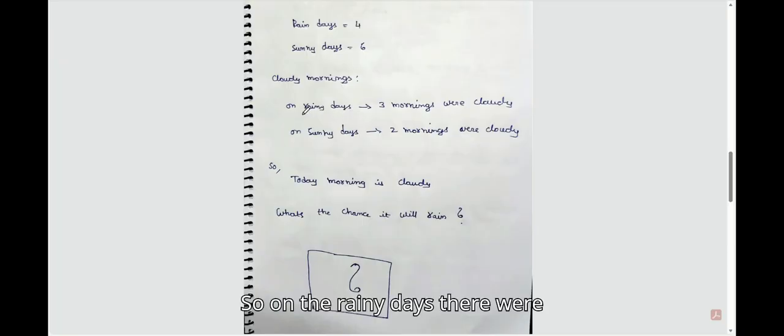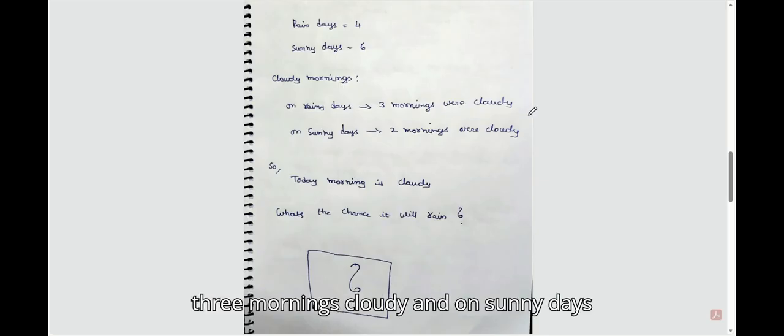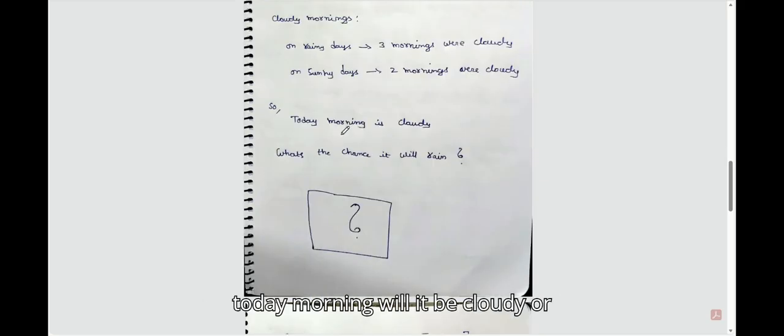On the rainy days there were 3 cloudy mornings, and on sunny days there were 2 cloudy mornings. So today morning, it is cloudy, what is the chance of rain, that today will be rainfall?